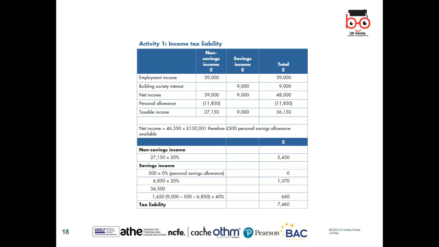Next 6,850: if I add 27,150 plus 500 plus 6,850, that makes my income 34,500, because up to 34,500 the rate is 20%. Out of the 9,000 income, 500 is exempt, and on 6,850 I'm paying 20%.